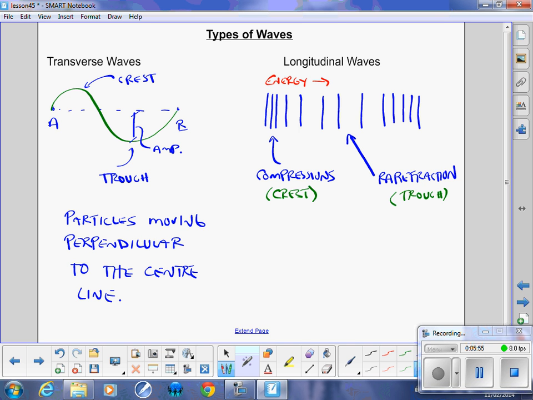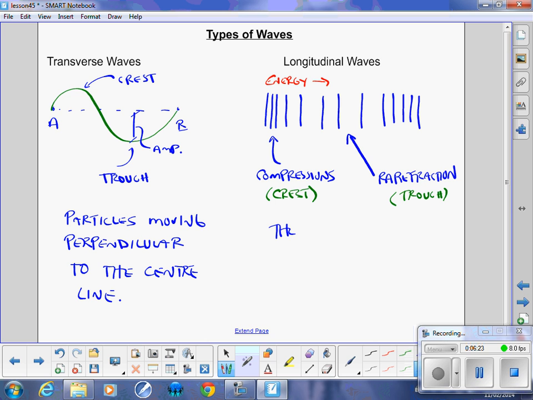And this is how sound travels. The first one, transverse waves, we're looking at water waves. Water particles simply move up and down, whereas with air, when we make sound, our longitudinal waves travel through a medium using a series of compressions and rarefactions, and that's what our voice box and our respiratory system will do. It compresses the air particles together and makes that energy pass through that series.